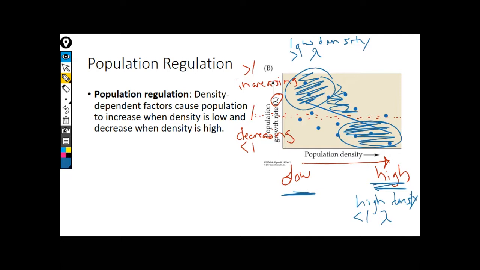In this case, it helps the population stay around an abundance, a density, that, as we'll find, the environment can support well. Still good?